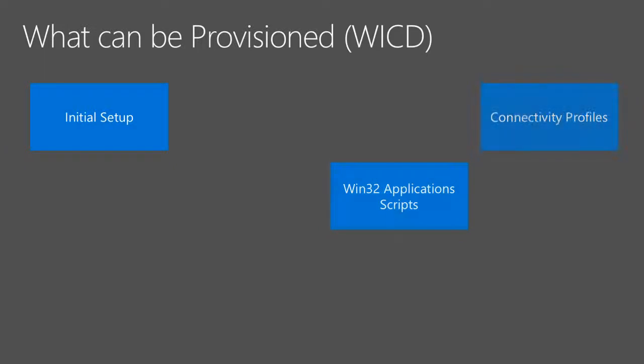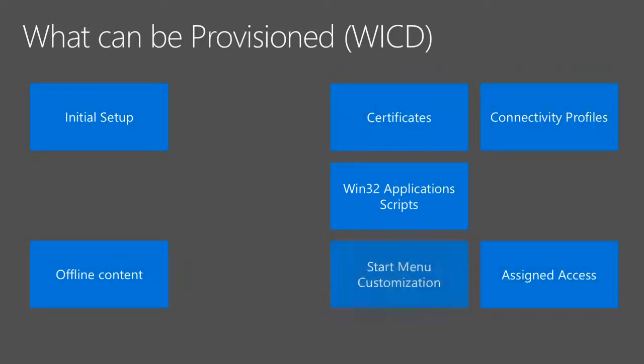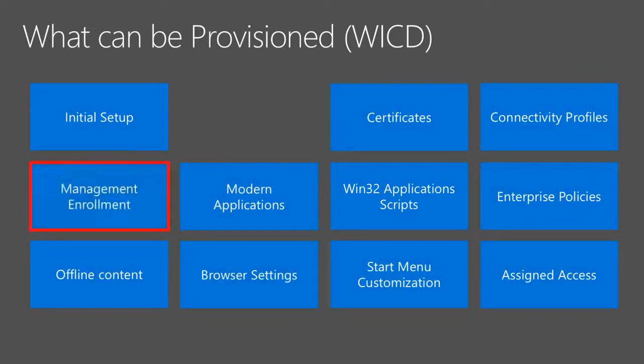So what can be provisioned with the Windows Image Configuration Designer? The initial setup, of course, but there are many things that can be configured. Very typical are the MDM enrollment, and that is the most important one, why I want to show you this. But you can configure things like modern applications. Certificates is an important part.